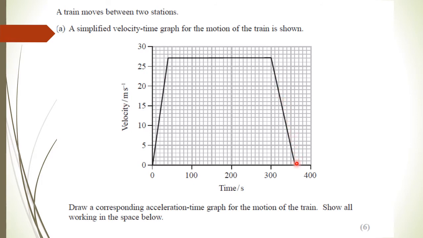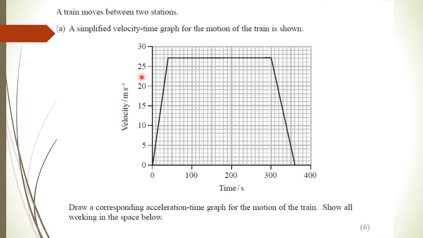So the train is accelerating. Then the train is moving with constant velocity, or uniform motion, and in this case the train is decelerating uniformly.